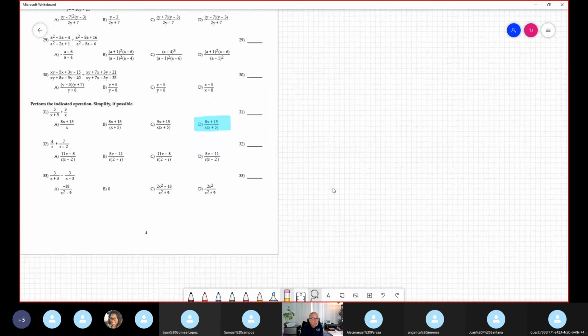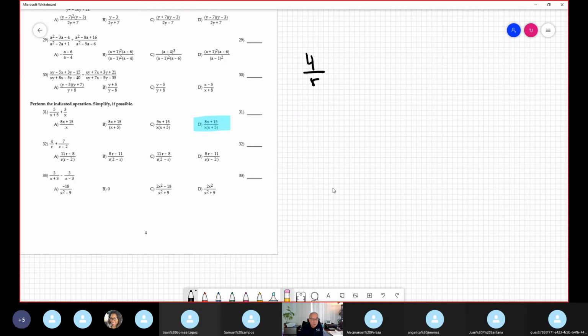Suppose 4 over R plus 7 over R minus 2. So we get the LCD is both together, R times R minus 2. When you divide the LCD by R, stay R minus 2 times 4.